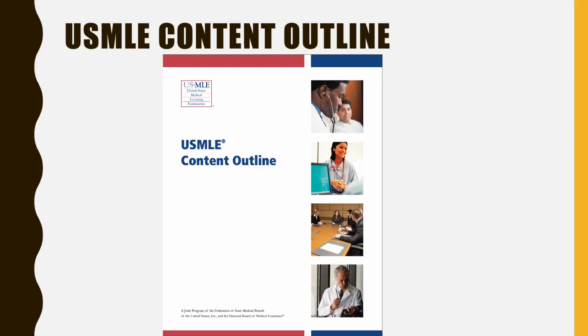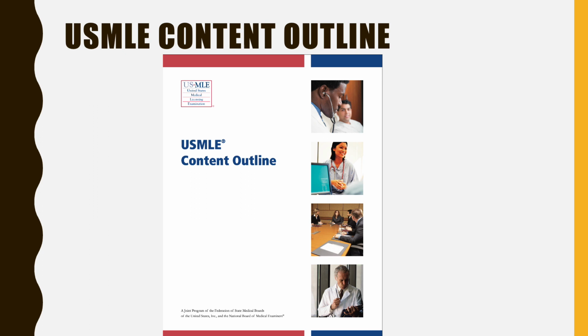Alright guys, so there is something that not everyone knows about, but I want you to go into the mind of the examiner. There is something called the USMLE content outline that the NBME organization releases to examiners.